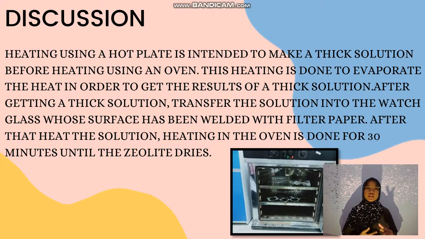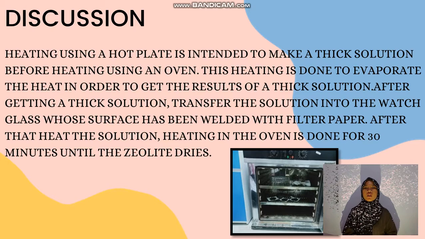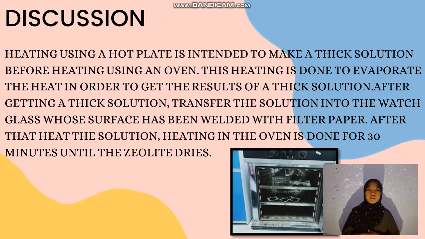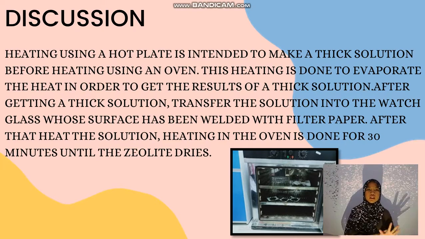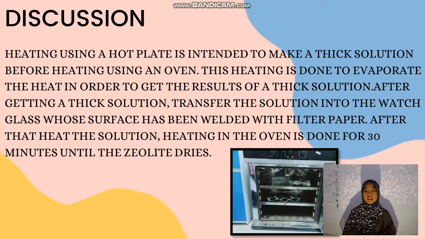This heating is done to evaporate the water in order to get a thick solution. After getting a thick solution, transfer it into the watch glass whose surface has been covered with filter paper. After that, heat the solution.